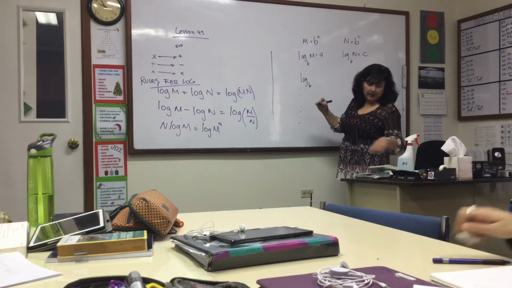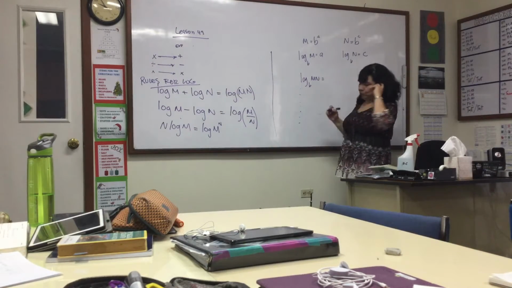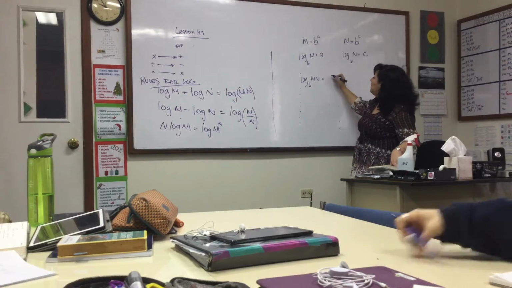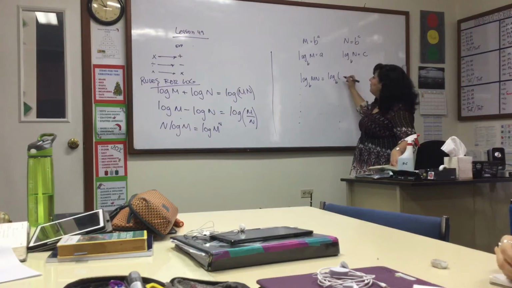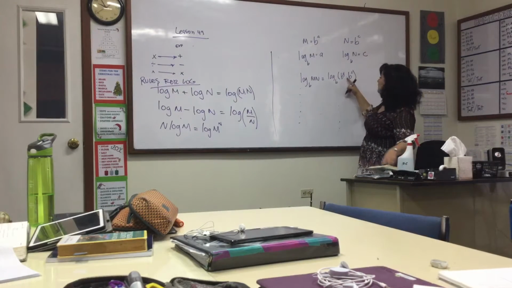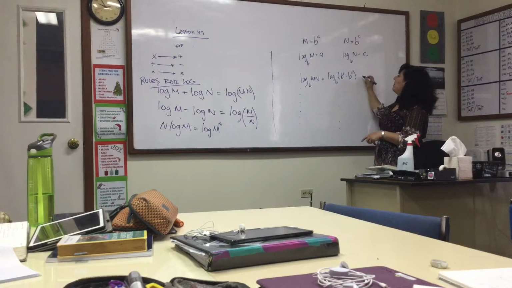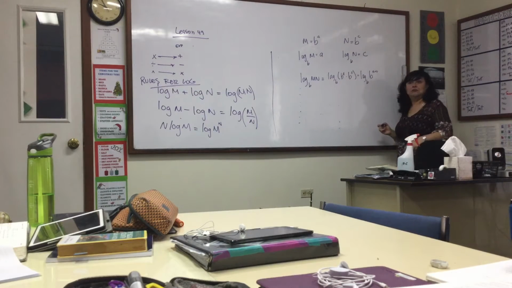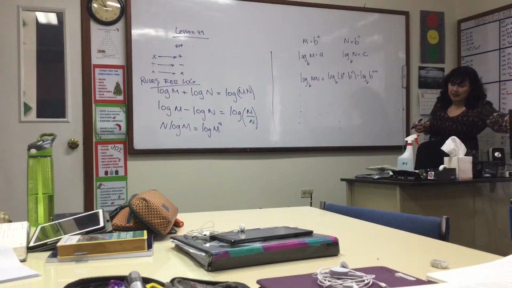Logarithm base b of mn equals, and you substitute the m and the n for what you have up here, which would be logarithm base b of b to the a times b to the c, right? Does everybody agree? Yes. And that would be the same as logarithm b of b to the a plus c, because you copy the base and add the exponents, right?